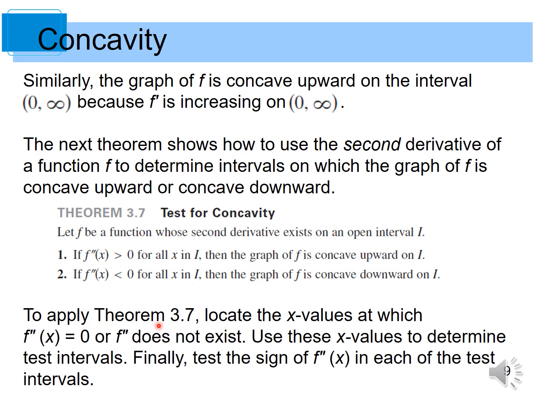To apply this theorem, locate the x values at which f prime prime x equals 0, or f prime prime does not exist. Use these x values to determine test intervals. Finally, test the sign of f prime prime x in each of the test intervals.